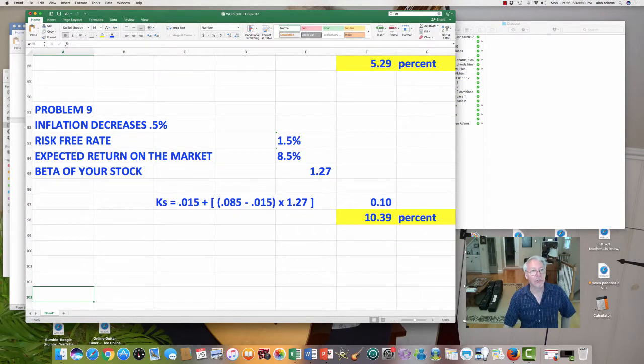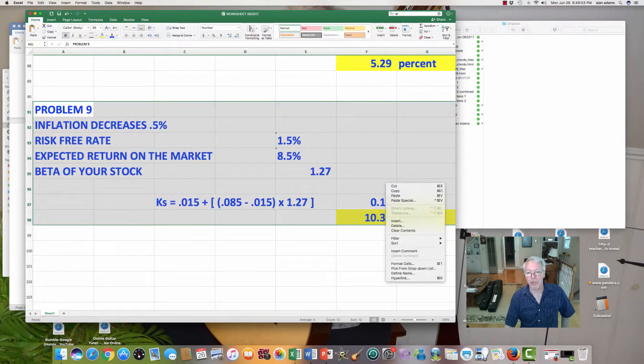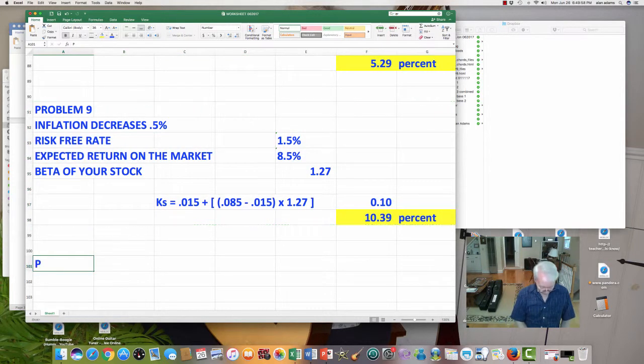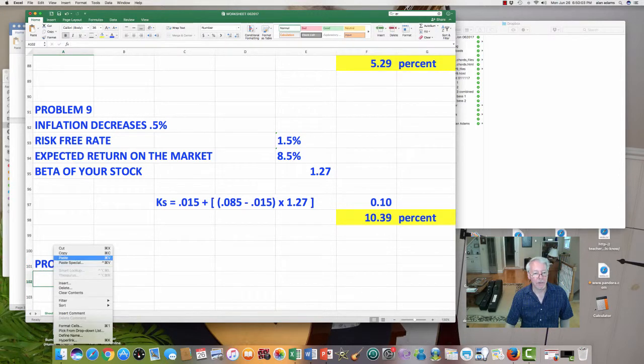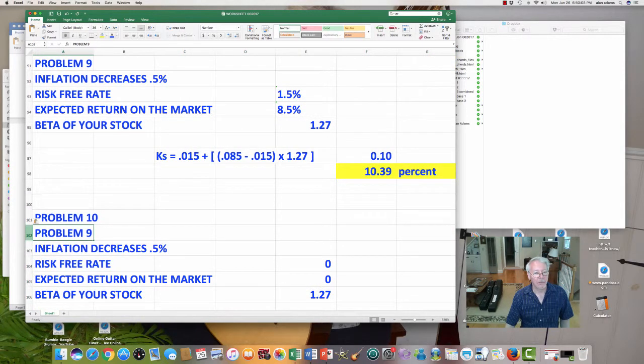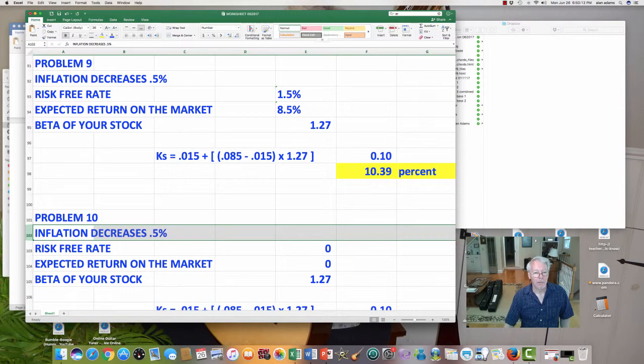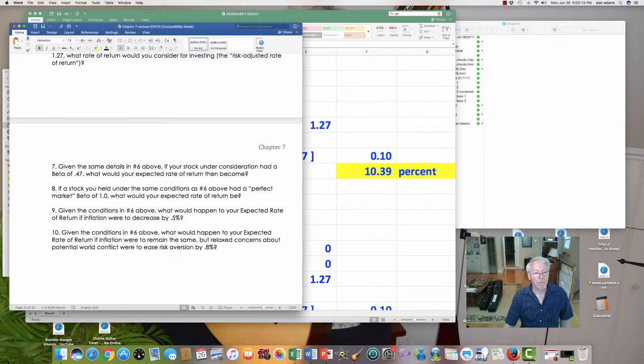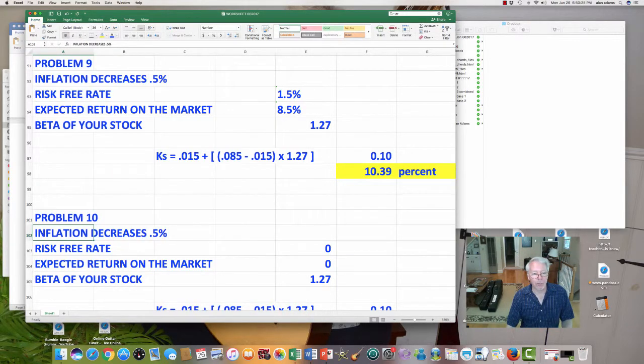And last but not least, let's do problem number 10. So I'm going to grab all of the same data. Okay, this is problem number 10. Place it right here. And this time, instead of inflation decreasing, inflation stays the same, but risk, as demanded of the market, is going to ease up by 0.8%.